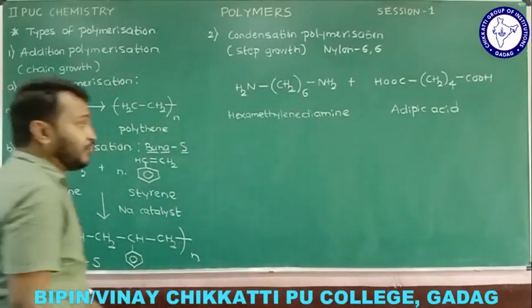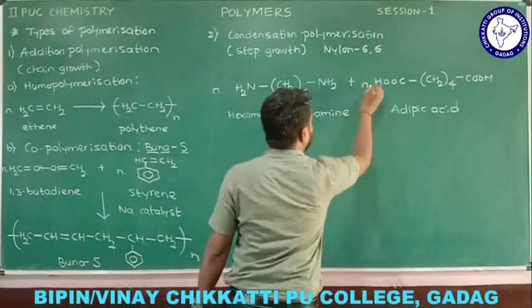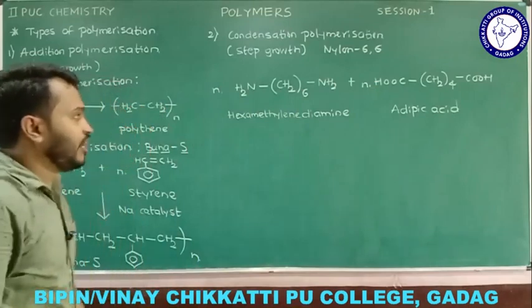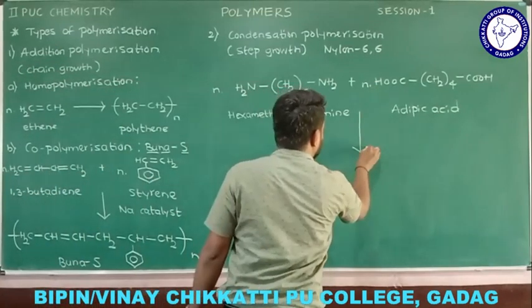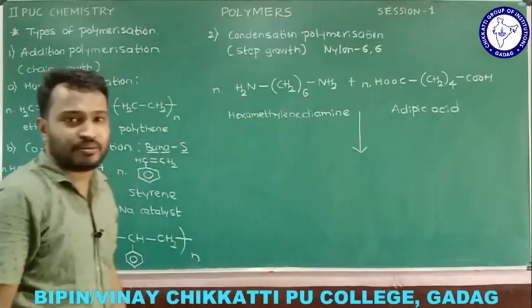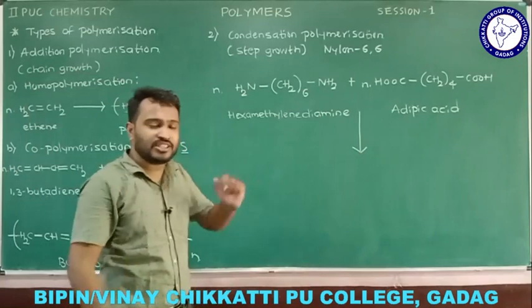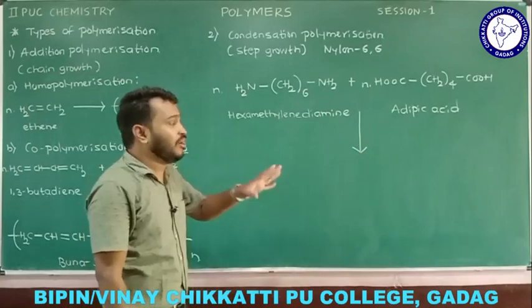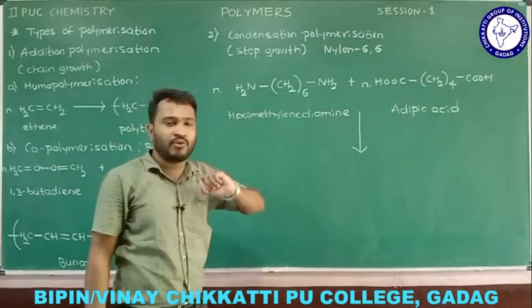Okay, and I told you already, you need to write n, that is a large number of monomers we are going to get. Okay, and that will undergo the condensation polymerization. And now I am going to write the complete structure of nylon 66, and one point to remember, this is an example for condensation polymerization.